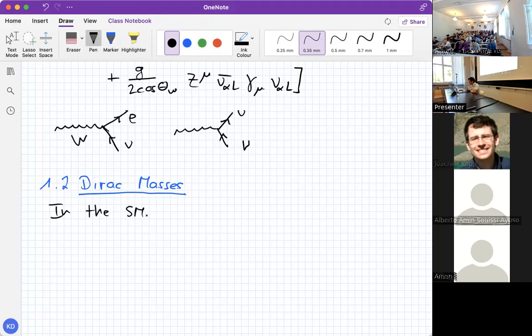So in the standard model, there's only left-handed neutrinos. And this means if we write the neutrino field in 4-component spinor notation, only the upper 2 components of those spinors have non-zero values.